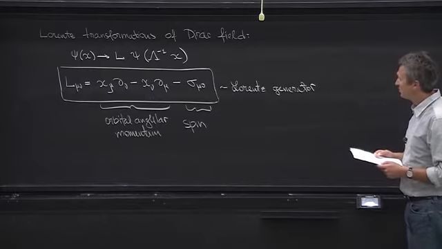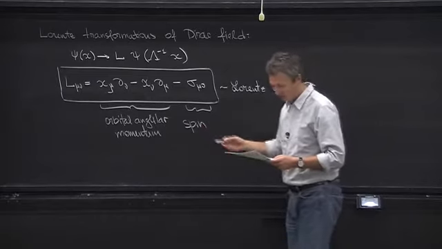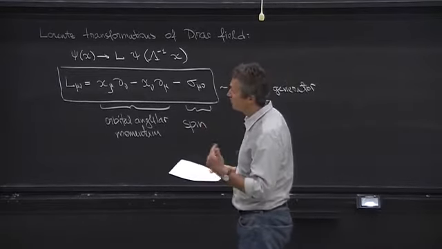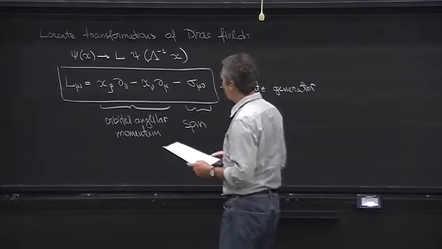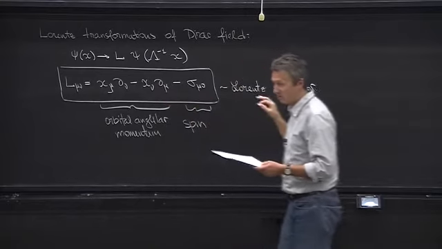In particular, to get some intuition of what is the spin of the Dirac field, we may want to go a few steps back and recover the spatial part of this operator.